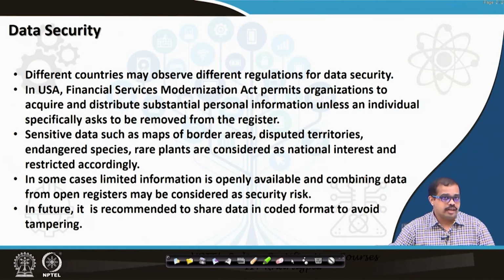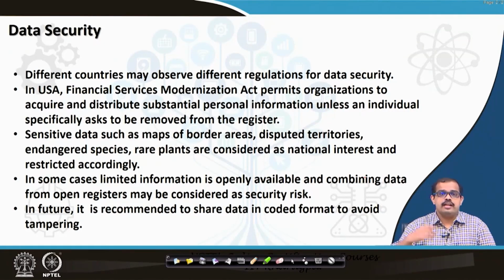And when you are looking at data security, you can find a huge amount of security concerns and rules that have been put forth in terms of data production. In some cases, limited information is openly available, and combining data from open registers may be considered a registry and security risk. So, be careful with this.